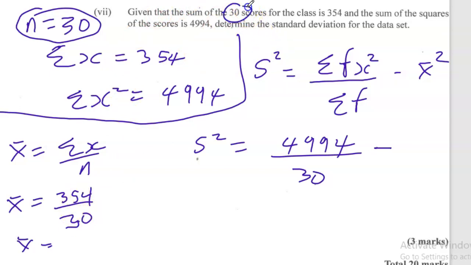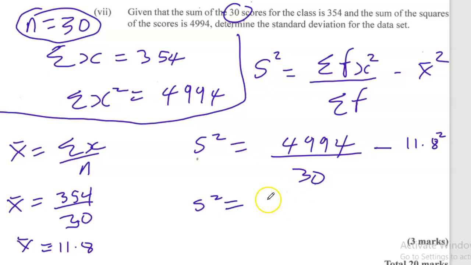So 354 divided by 30 is 11.8. So x bar is 11.8. So s squared would be equal to 4994 divided by 30 minus 11.8 squared.